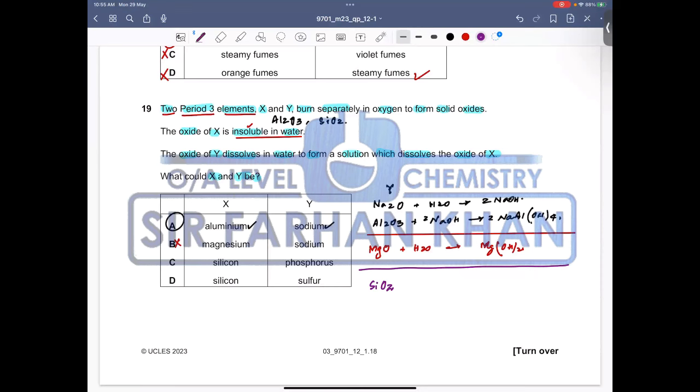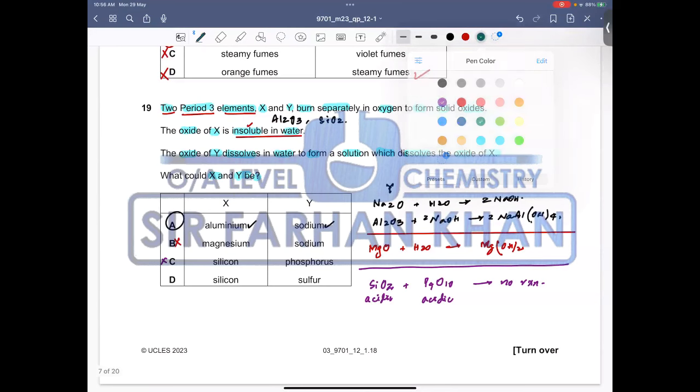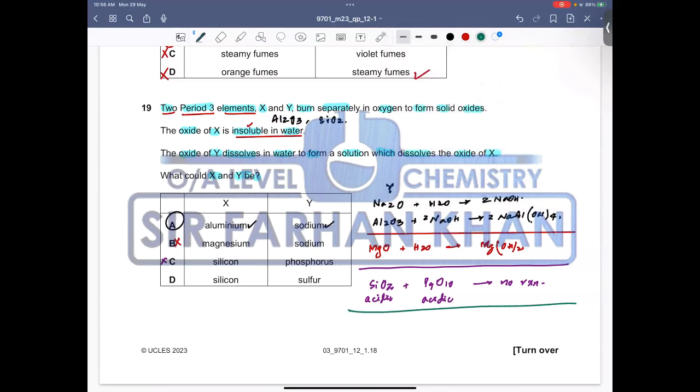Phosphorus is Y, and the oxide of phosphorus is P4O10. Both are acidic oxides, and acidic oxides cannot react together. So C is also incorrect. Next is D. The oxide of silicon is silicon dioxide. The oxide of sulfur is either sulfur dioxide or sulfur trioxide. Again, there will be no reaction because both of them are acidic oxides, and acidic oxides cannot react together. I hope it makes sense to you.